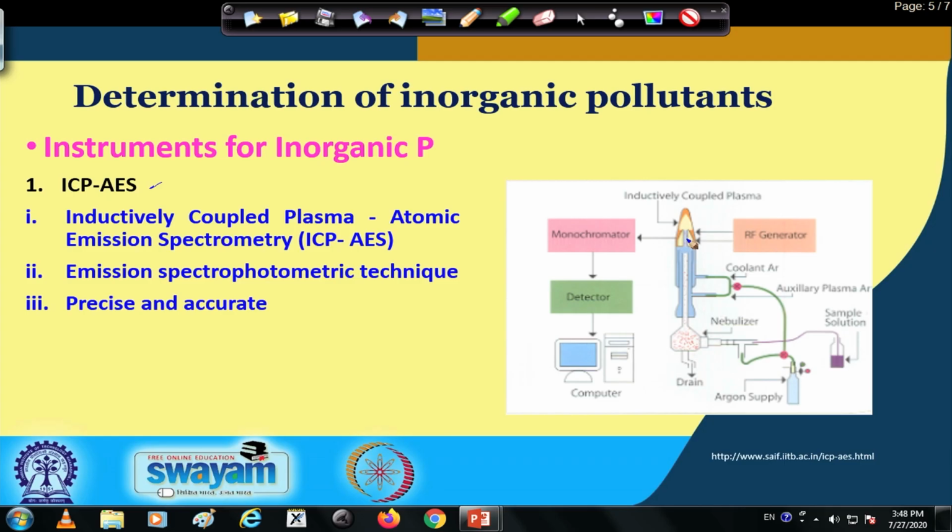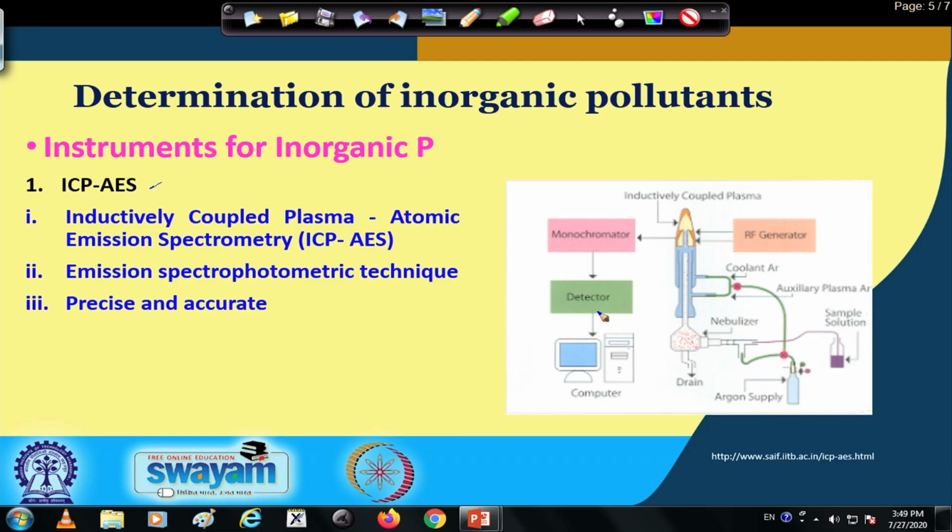This plasma is at a very high temperature, and this high temperature helps excite the atoms of these samples and emit the characteristic wavelengths of light, which are subsequently analyzed by the monochromator and detector. So, this is the basic construction of an ICP-AES spectrometer.